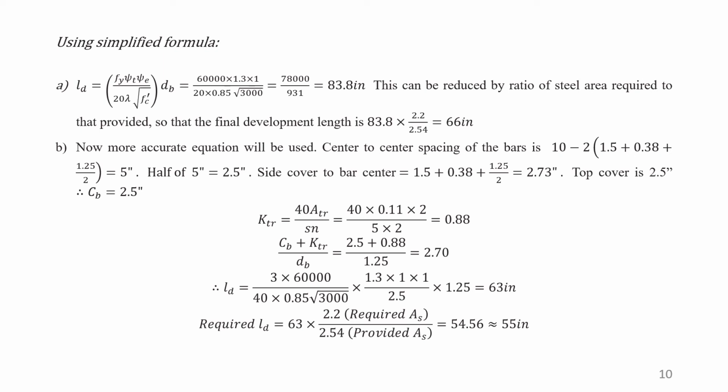LD is the formula, as you have seen, using the simplified formula. First of all, we are trying to solve this problem with the simplified formula, as we have discussed earlier.